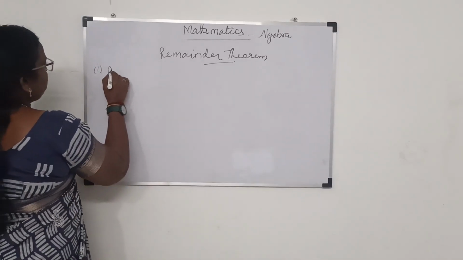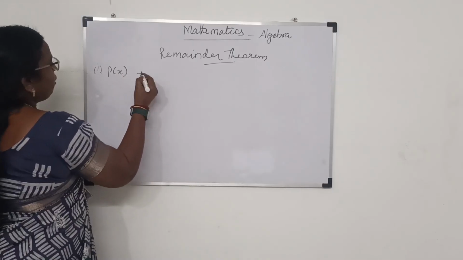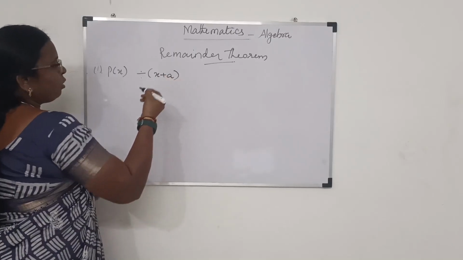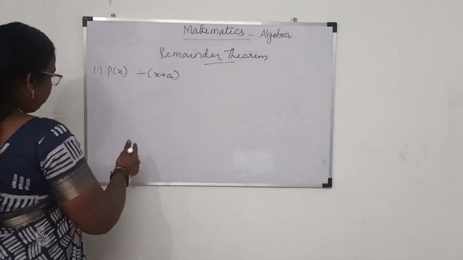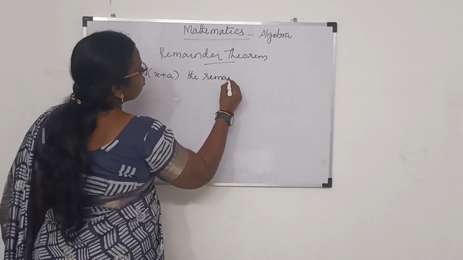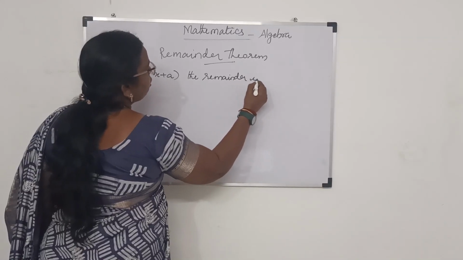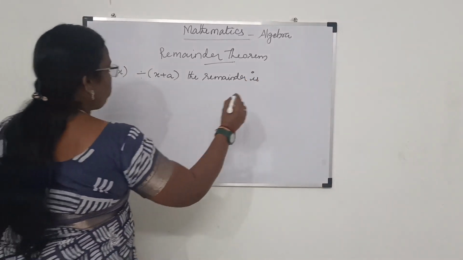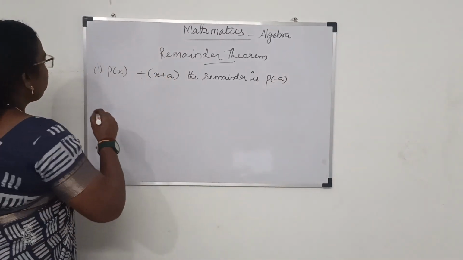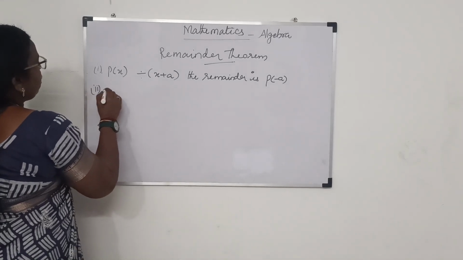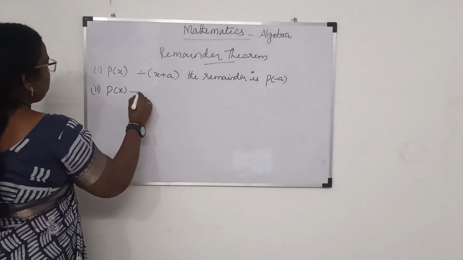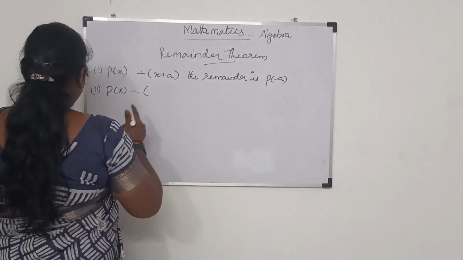If p of x is divided by x plus a, how to find the remainder? The remainder is p of minus a.